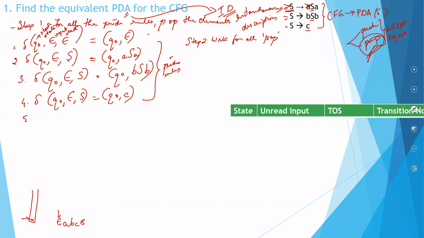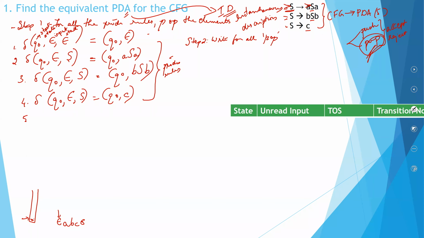So from Q0, you are going into a state called Q1. Now the next is you might encounter B. So from my Q1, I might encounter a B. The top of my stack might be B. I pop and go to a new state.